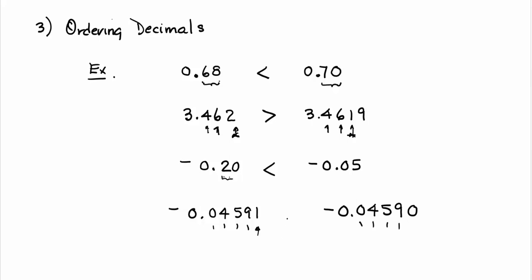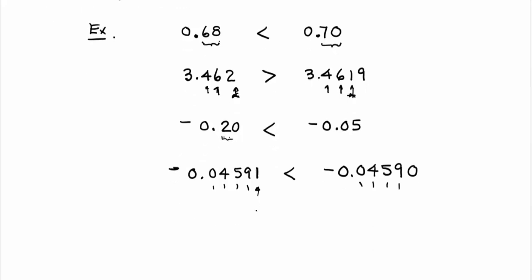And so this one is larger, right, than a 0, so it's also more negative. So if it's more negative, it's smaller.